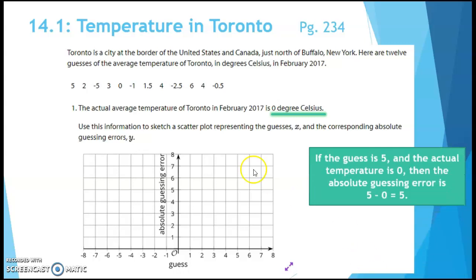If our guess is 5, like this first guess we have, and the actual temperature is 0, then the absolute guessing error is 5 minus 0, which is 5. I show this as a point on the graph. Pause the video here and work through the rest of these examples. Hit play when you're ready to see an answer.